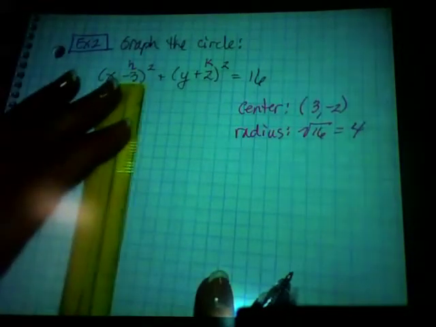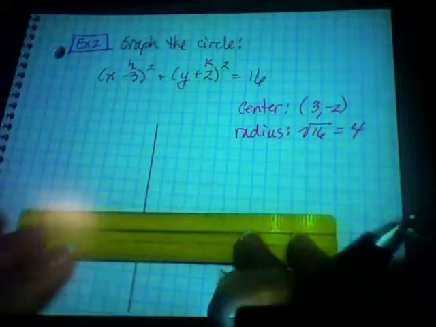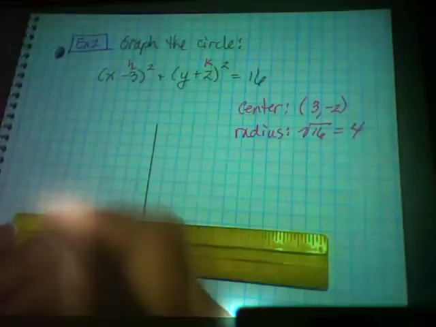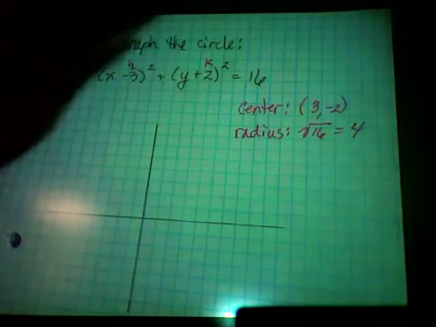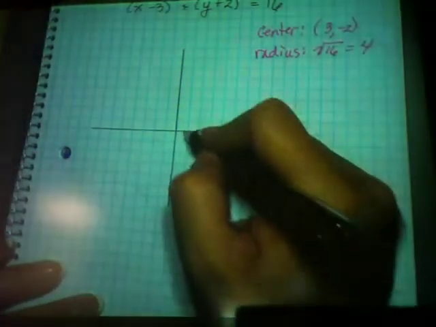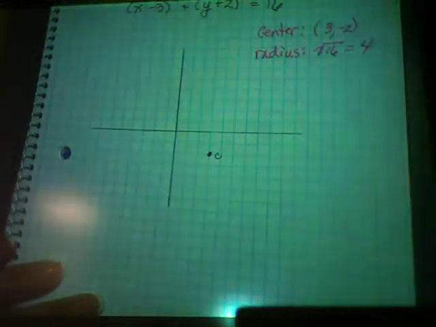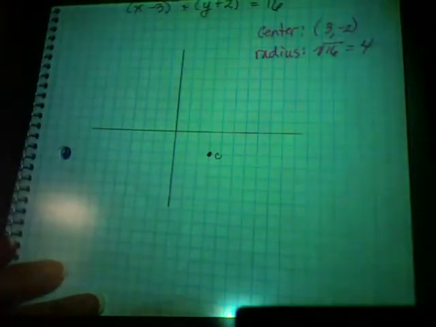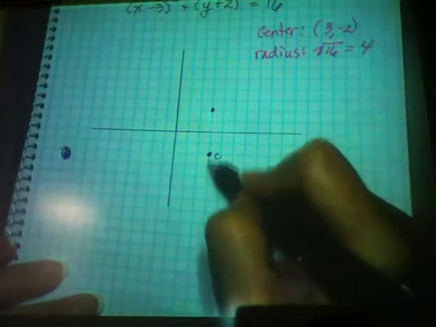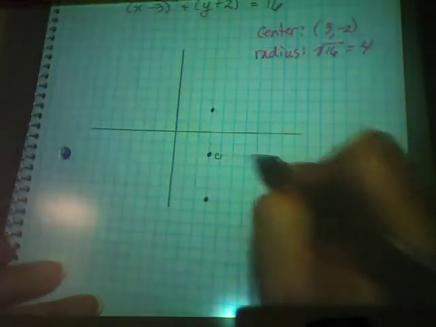So draw your coordinate grid appropriately so you can fit it in. I'm going to start with my center, which is 3, negative 2. And then I'm going to plot my north, south, east, west points. I have a radius of 4, so I'm going to go up 1, 2, 3, 4, plot a point. Down 1, 2, 3, 4, plot a point. To the right 1, 2, 3, 4, plot a point.